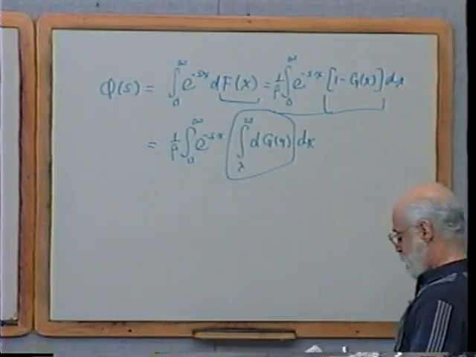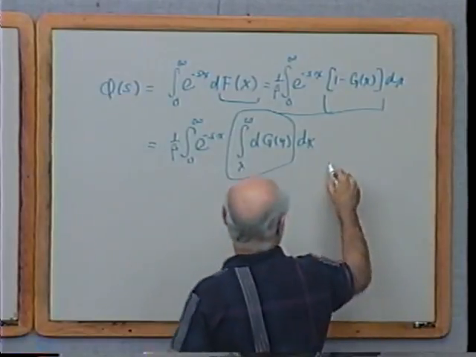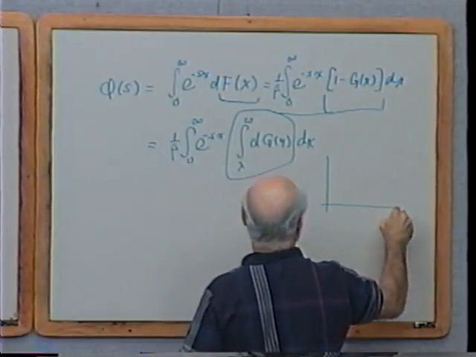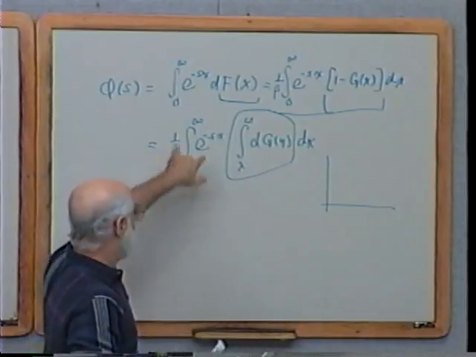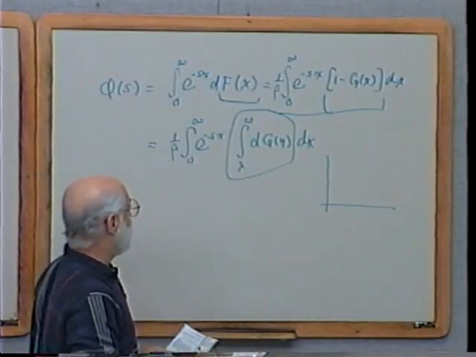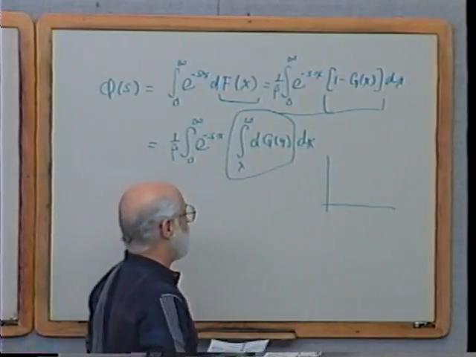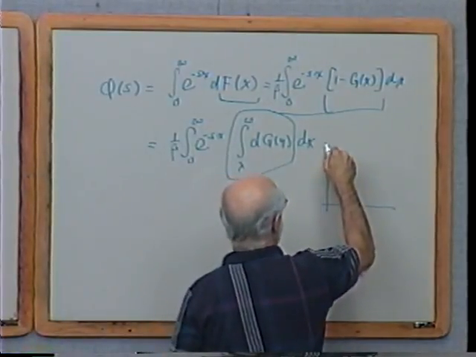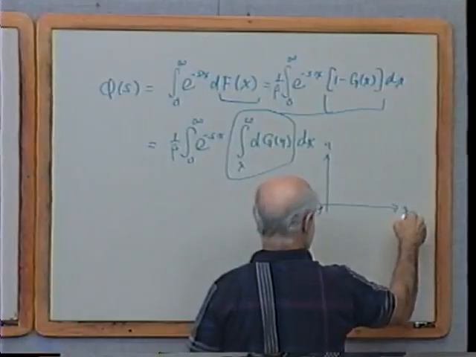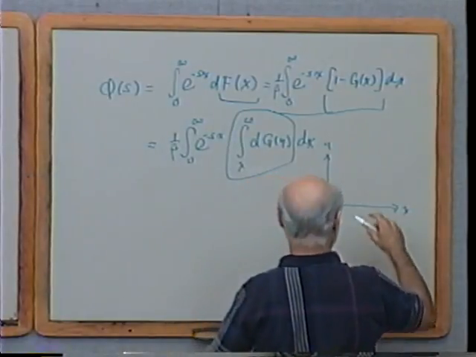Okay, now comes a little trick. Now what I want to do is integrate this thing, and so what this says is that I'm going to integrate over y, and I'm going to integrate over x. So let me call this y, and let me call this x, and here's the line y equals x.